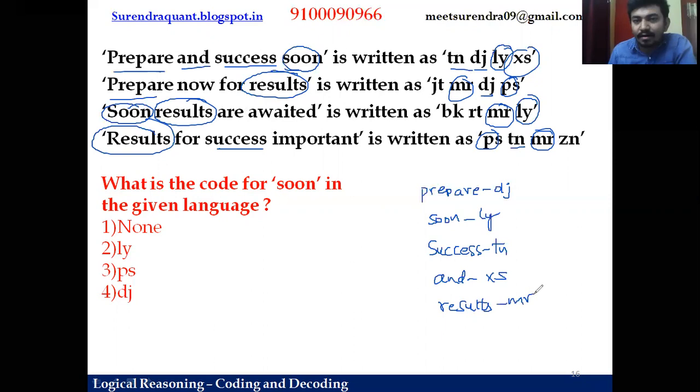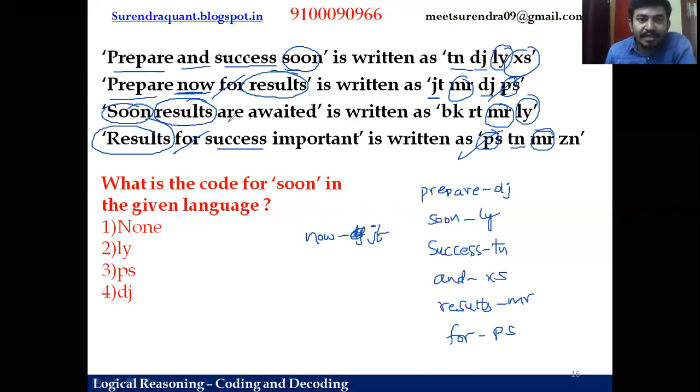Now PS is common, so we can say for as PS. Now is the only word left. JT is the only one left. So now is JT, right? DJ is already done. JT, guys.